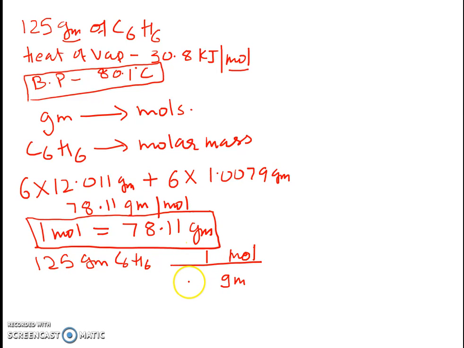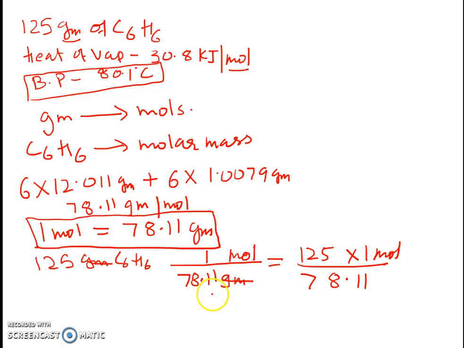So 1 mole equals 78.11 grams. Now this you can cancel, and you have got 125 times 1 mole divided by 78.11, and you're gonna get your answer in 1.60 moles.